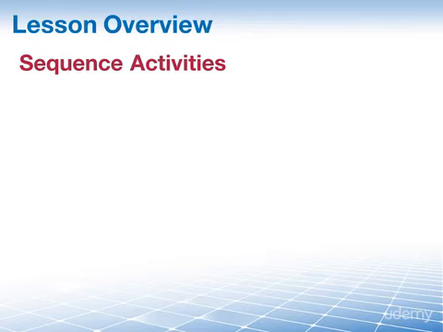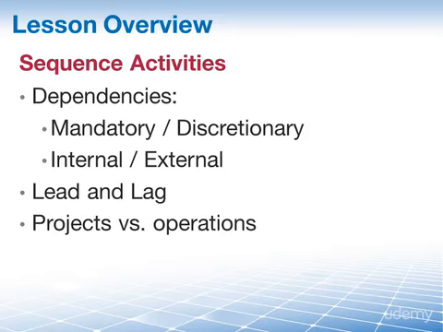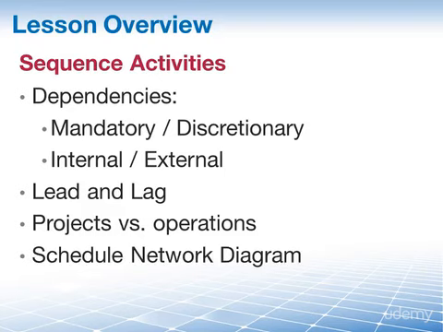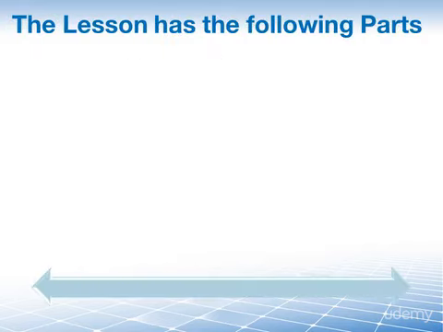We have a lot to cover, including explaining the mandatory, discretionary, external and internal dependencies, the definitions of lead and lag, describing the difference between projects and operations, and we're also looking at and defining the schedule network diagram. And yes, it's a lot to look at, so we split the lesson into two parts.